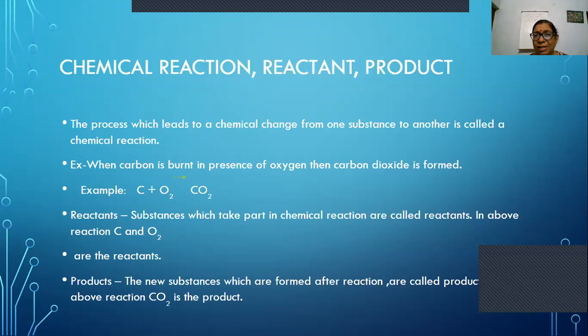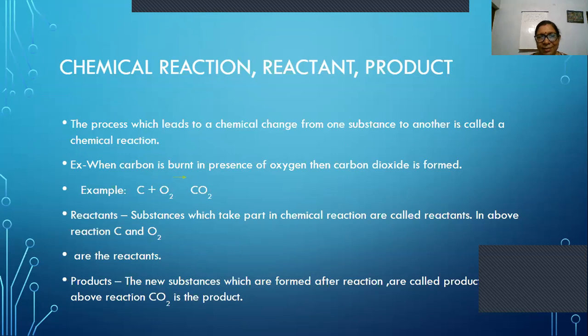The process which leads to a chemical change from one substance to another is called a chemical reaction. Example, when carbon is burned in presence of oxygen, then carbon dioxide is formed: C plus O2 gives CO2.